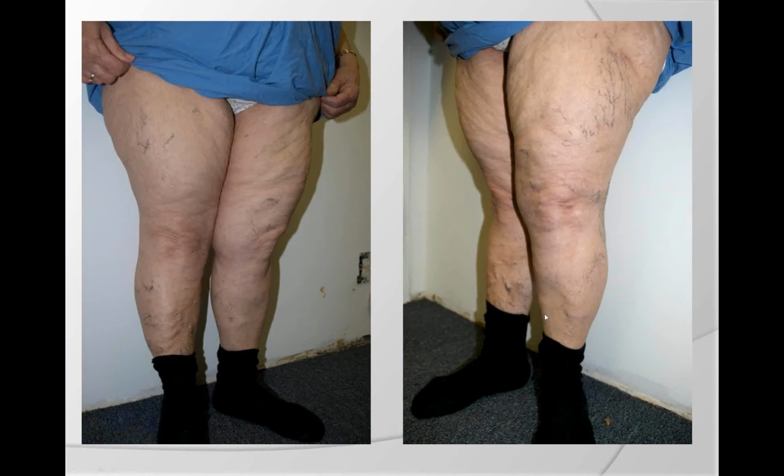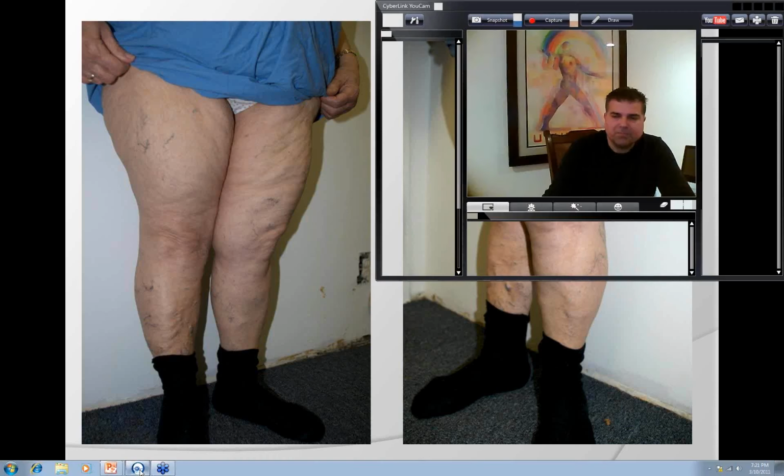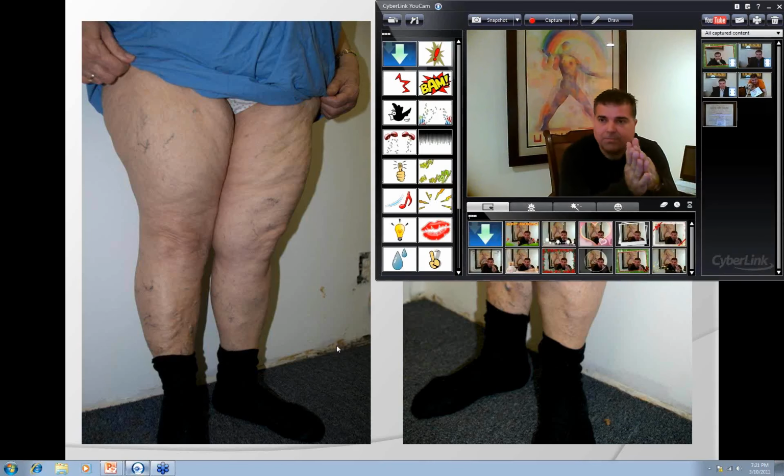So the question is, what can cause meralgia paresthetica? There are many reasons. One of them is that the cutaneous nerve that innervates the lateral aspect of the thigh, called the lateral femoral cutaneous nerve, becomes very superficial at the area of the ASIS.